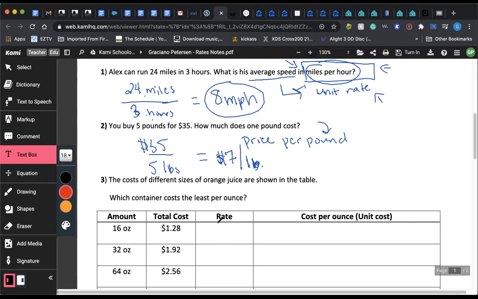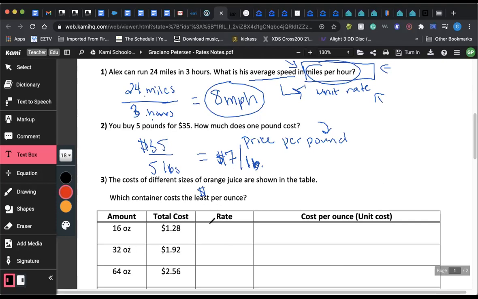All right, number 3, we have a table, but we're doing the same thing. We have the amount, we have the total cost, and we're trying to figure out the rate, and it's asking us which one costs the least per ounce. So again, this is price per ounce.